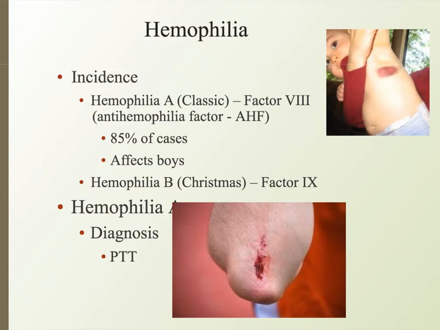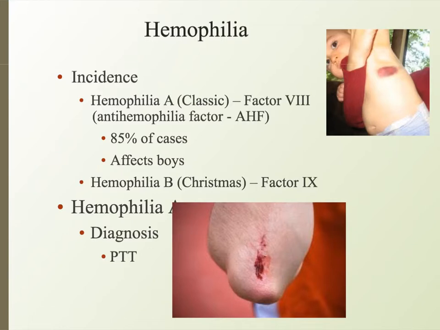The next thing is hemophilia. Hemophilia is a type of bleeding disorder due to a deficiency in clotting factors, which, as we know, clotting factors are necessary for coagulation of blood.